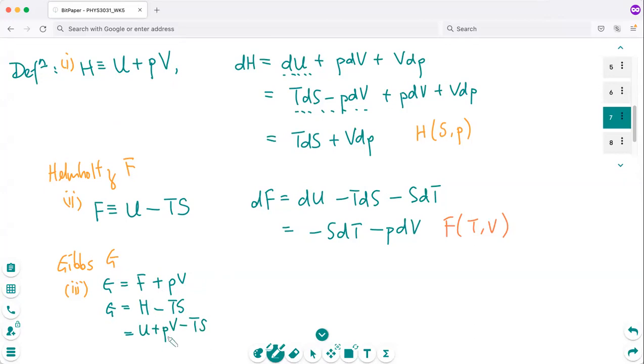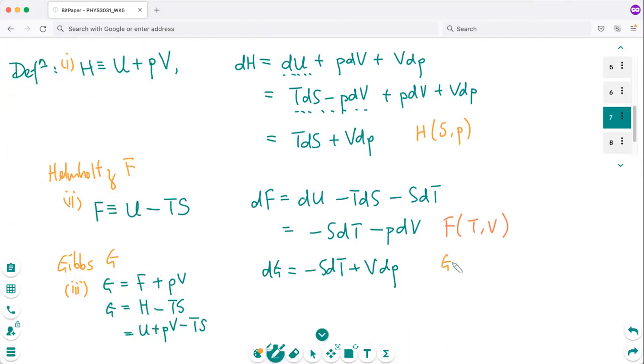Okay, and this form will be used when we discuss phase transition. Gibbs is very useful when we discuss phase change, right? So dG, the end result is this. I will just quote the end result.